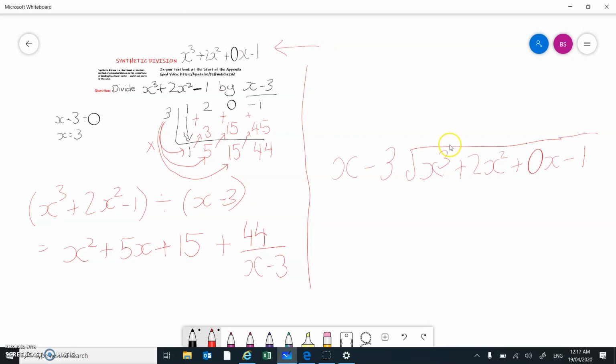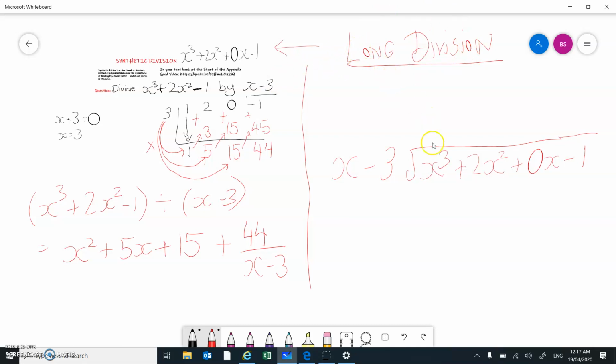You only need to use one method, depending on what the question asks you. If the question asks you to use polynomial long division, obviously you have to use that method. If it doesn't specify, you can use any method.